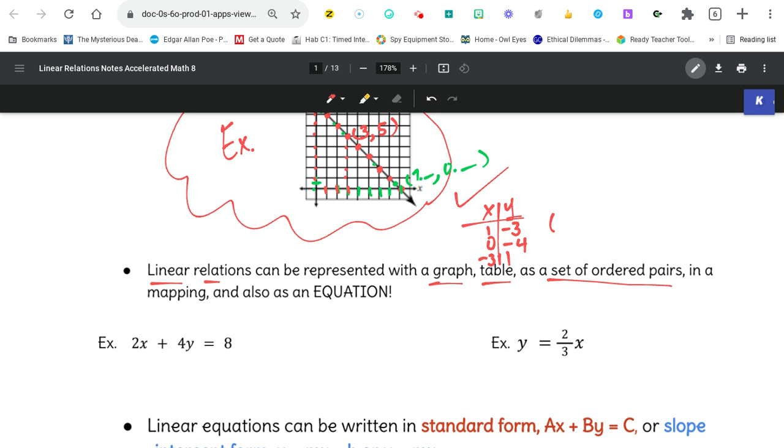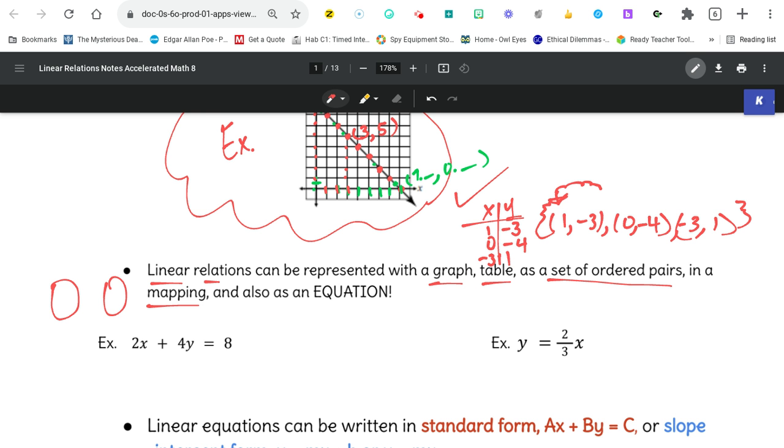A set of ordered pairs, your set will look like this, for example. You know what? Let me put it in set notation. And all this is from the last unit. Or in a mapping, you all know a mapping is just two ovals. And if I wanted to map this relation right here, then I could map 1 to -3, 0 to -4, and so forth, okay?